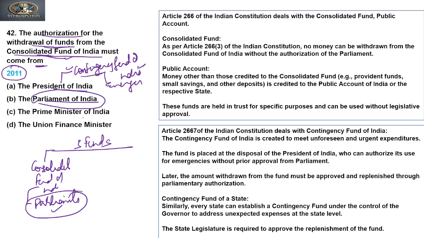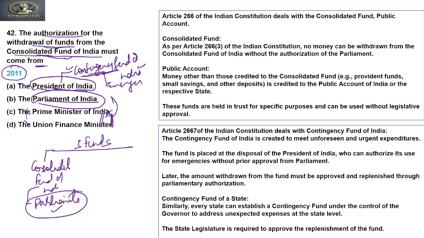Does the Prime Minister have any fund at his disposal? No. Directly there is no such fund, but when the President releases money from the Contingency Fund, that is on the advice of the Council of Ministers, including the Prime Minister. So they are not directly responsible for releasing the fund, but the President of India has the Contingency Fund at disposal, and has to act on the advice of the Council of Ministers.